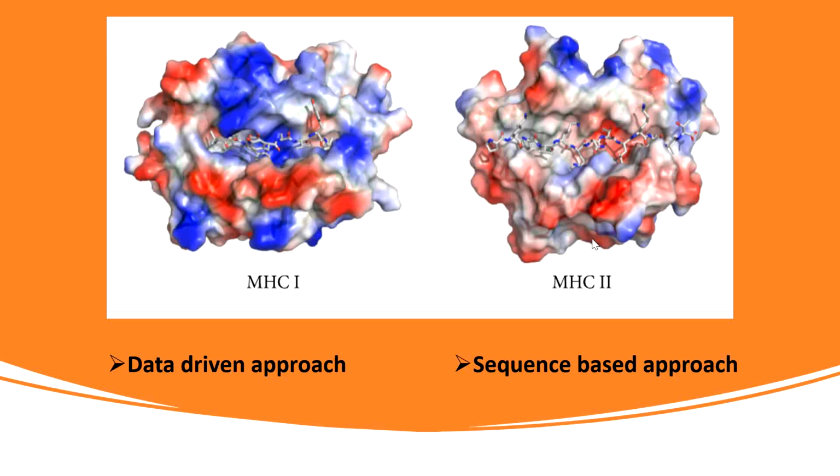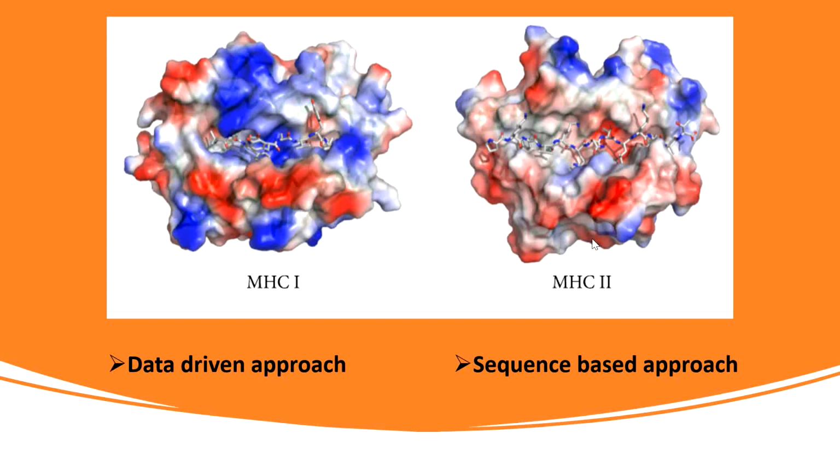This method has the great advantage of not needing experimental data. However, these methods are seldom used as they are computationally intensive and exhibit lower predictive performance than data driven methods.